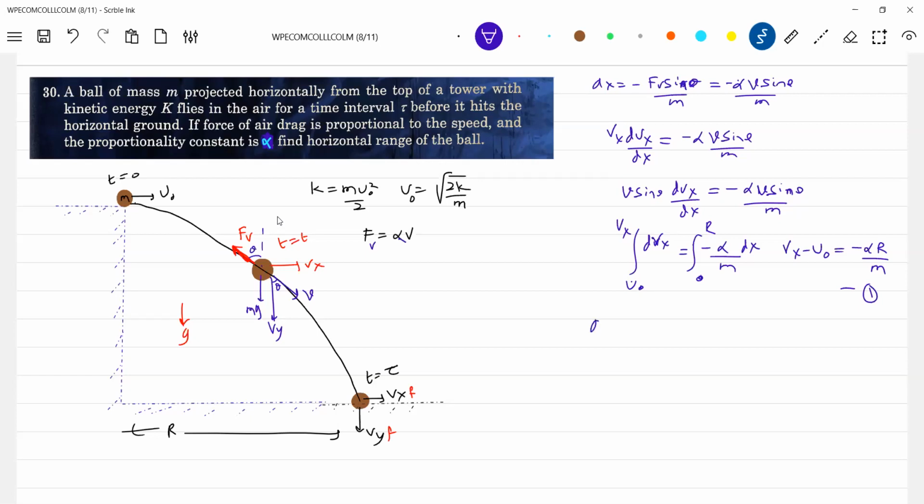The same ax can also be written as dvx by dt, because we know the time of flight, no? So this will be dvx by dt equals minus alpha by m into vx.